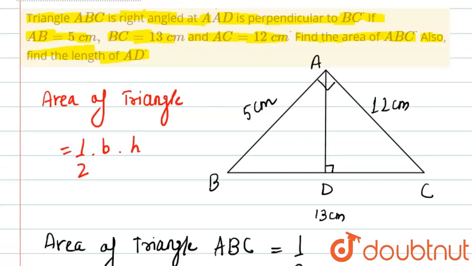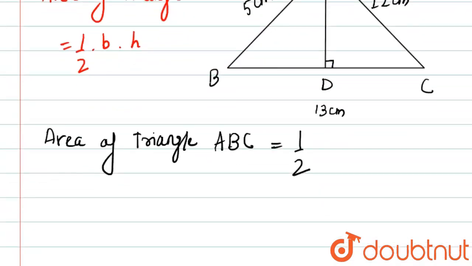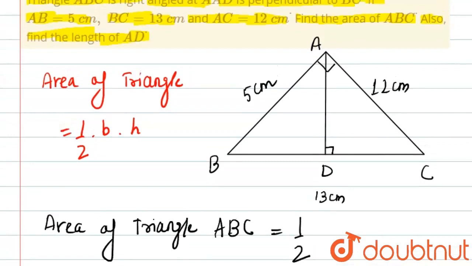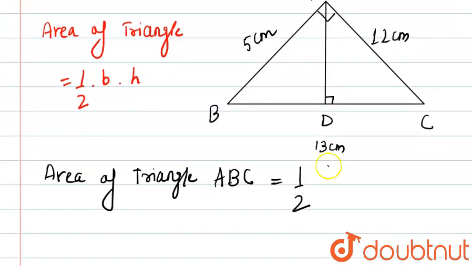If we see base AB, then the height is AC, but there is also another height, that is AD, and for that the base is BC. So there are two heights and two bases. For calculating the area of triangle ABC, let's take the base as AB and height as AC.